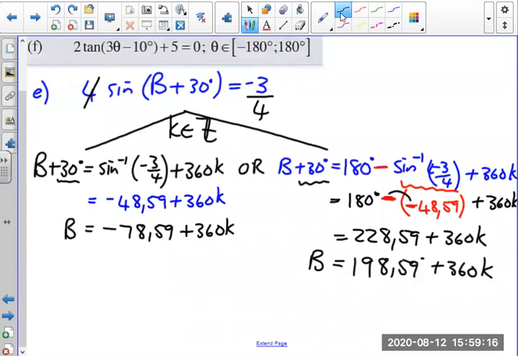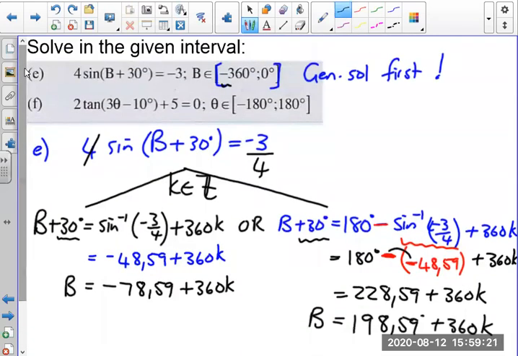But what are they asking me? They're asking me for the angles only between minus 360 and 0. So what do I do?